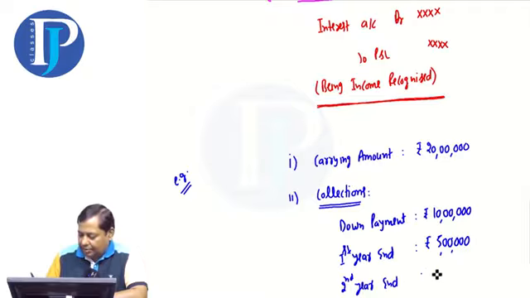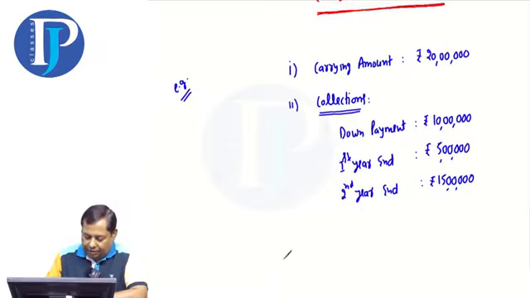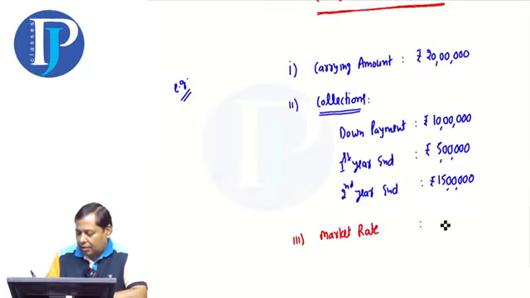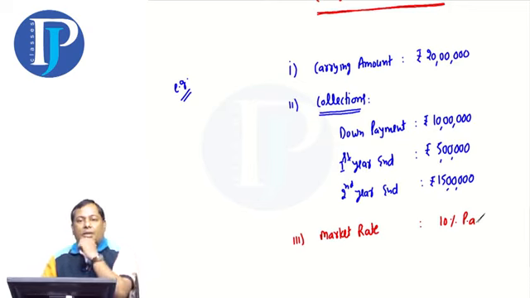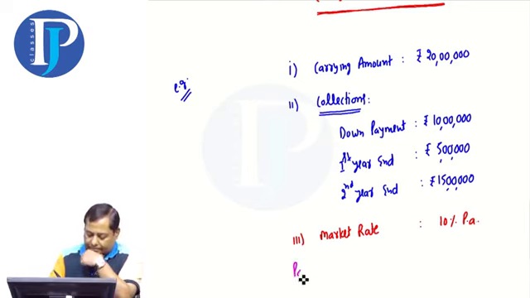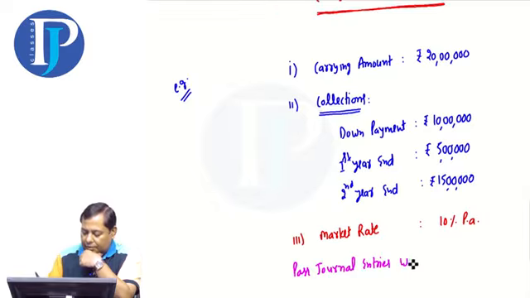At second year's end, the amount will be 15 lakhs. Market rate of interest means if the market rate is 10%, then 10% interest should be received on the transaction. Pass journal entries with suitable workings.